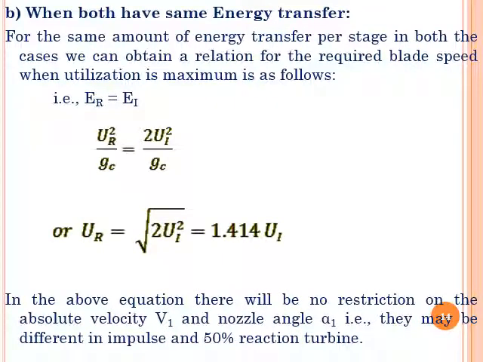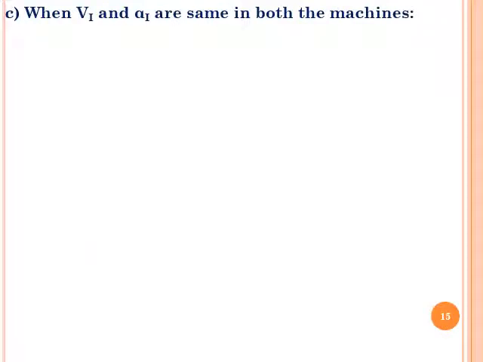In the above equation, there is no restriction on the absolute velocity V1 and nozzle angle alpha 1. That is, they may be different in impulse and 50% reaction turbine. The third condition is when V1 and alpha 1 are the same in both turbines, that means the absolute velocity as well as the nozzle angle are the same in both machines.